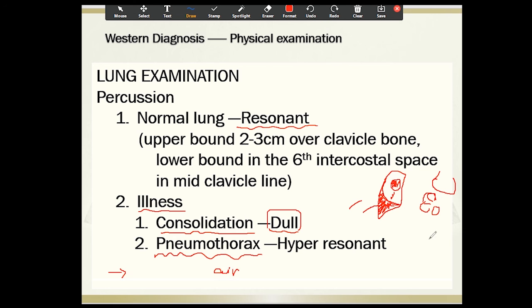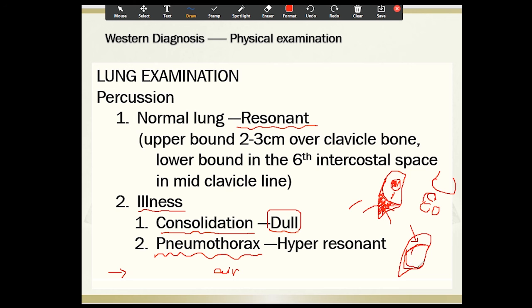And another situation we especially talk about is the pleural cavity. More air goes to the pleural cavity and makes the lung shrink, but air goes to the upper part. Remember, air goes to the upper part of the lung, and water goes to the lower part of the lung.